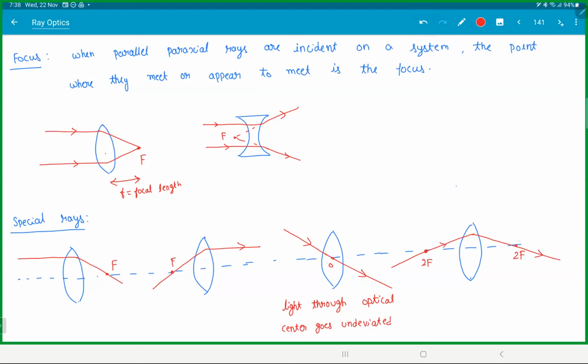Check it out. These are the 4 important light rays. So using this, we can trace the images. Remember, we did in mirrors for different positions, object beyond center, and all that stuff.